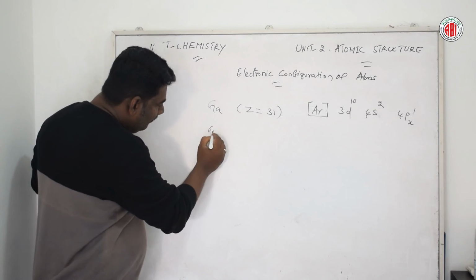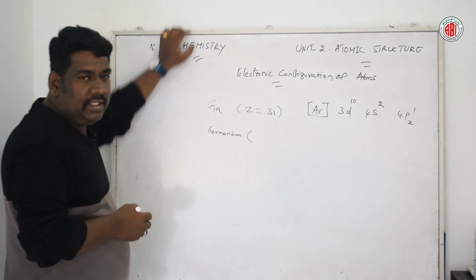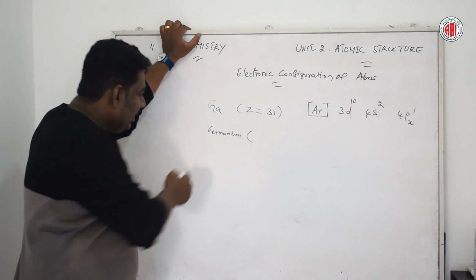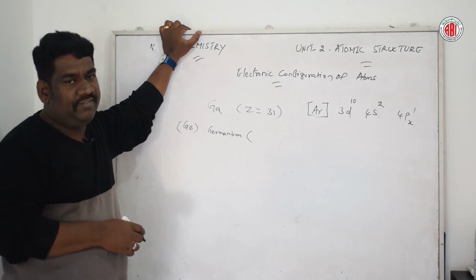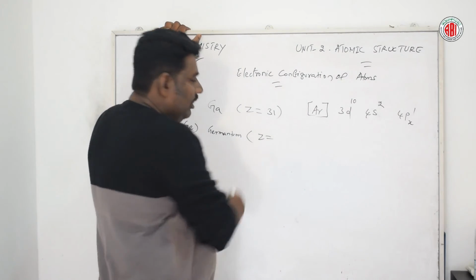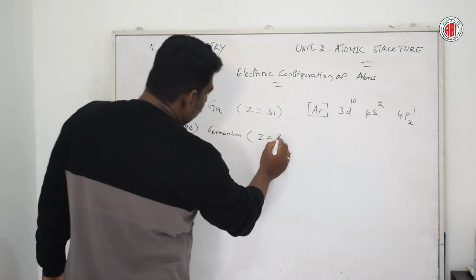Similarly, germanium, Ge. Let us write the electronic configuration for germanium. Z is equal to the atomic number, that is 32.